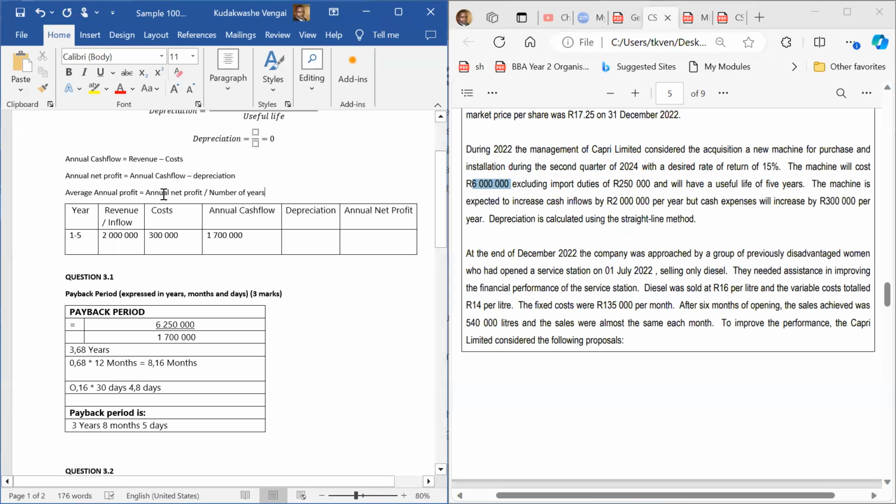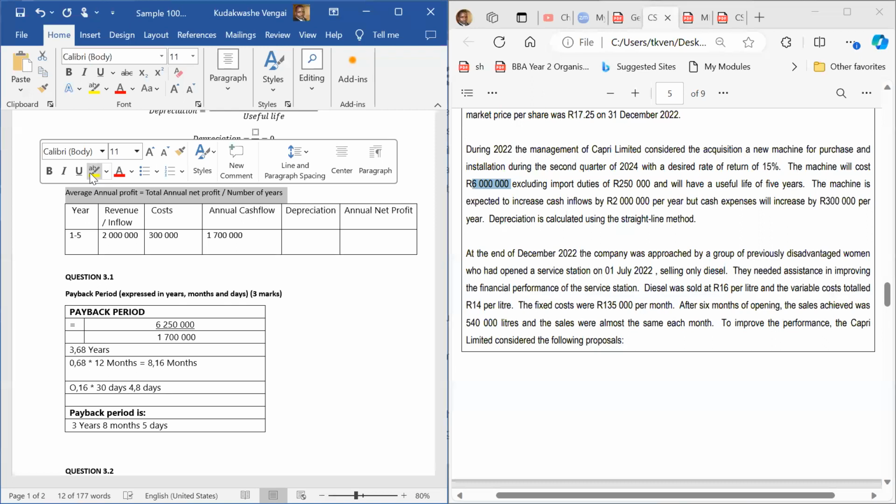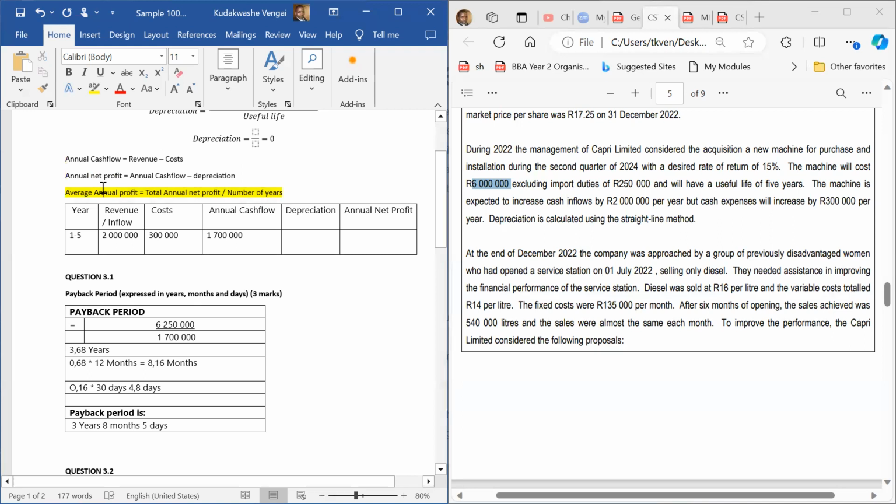The reason I've put this here is that there are some questions you're going to get that are different from this one, so I don't want you to confuse yourself and put the wrong answer. But I might not use this formula for this question. I'm going to use a different one.